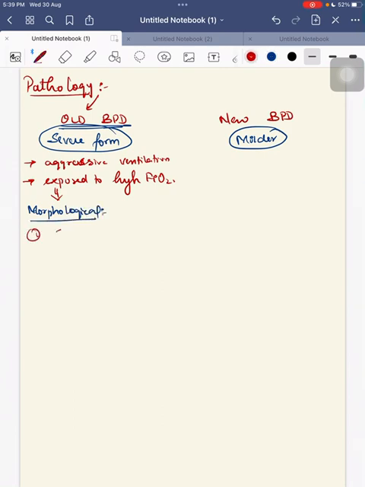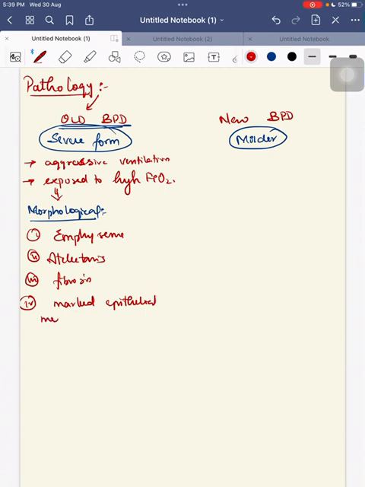The child can have, first, emphysema; second, atelectasis; third, fibrosis; and fourth, a marked epithelial metaplasia and smooth muscle hypertrophy. The smooth muscle hypertrophy will be present in both the airways and the pulmonary vasculature. So these are the morphological changes when the child has been exposed to a high FiO2 with aggressive ventilation. That is the severe form of BPD, also called the old BPD.